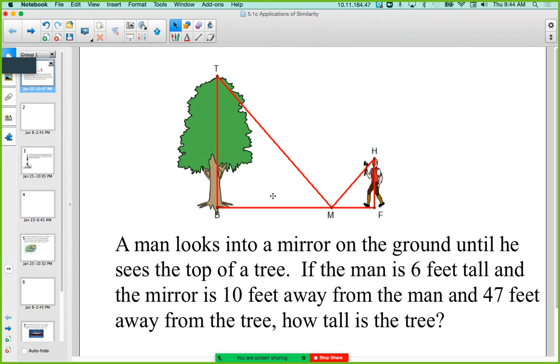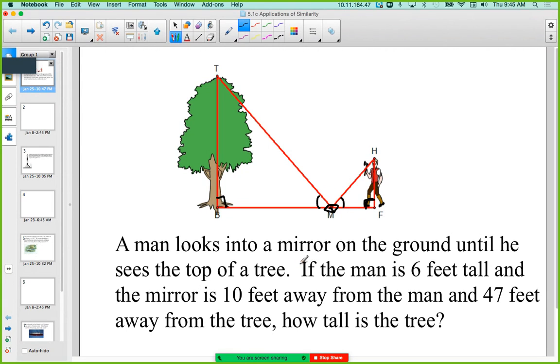The key parts to this are the two red triangles. But again, we got this mirror on the ground, and that's what the man is looking down into and then straight back up. Now we're assuming it's a flat ground, and if we're doing that, we can also assume that these are both right triangles. Because it's a flat ground, if I look down at this angle, it should bounce up at the same angle.